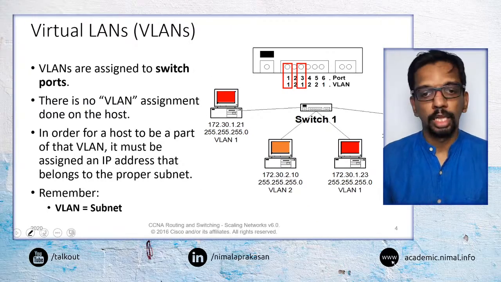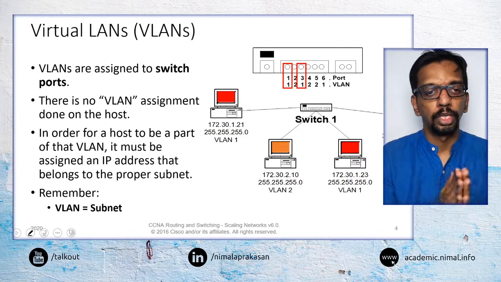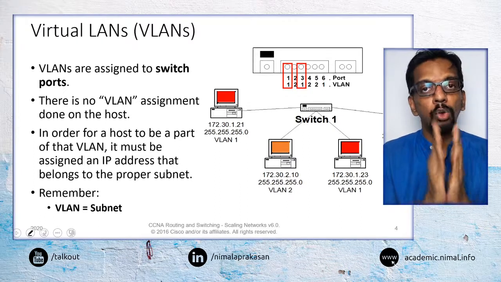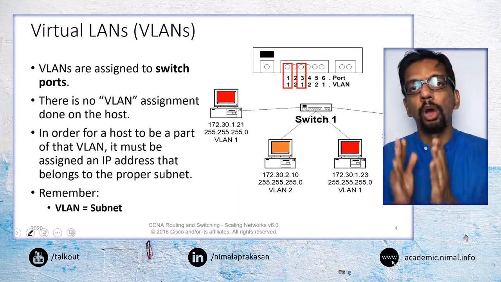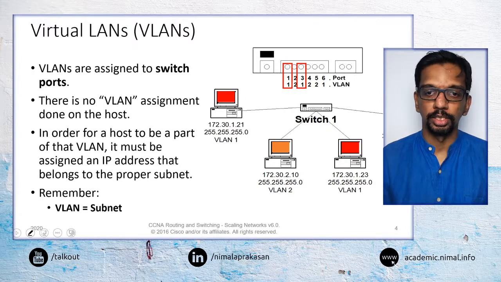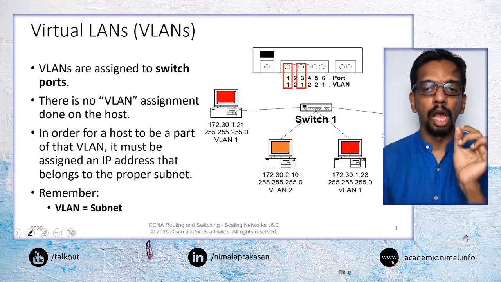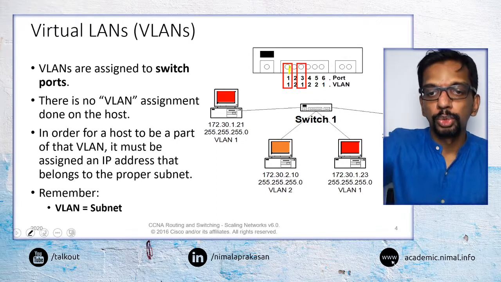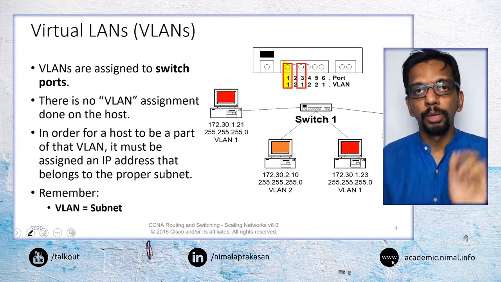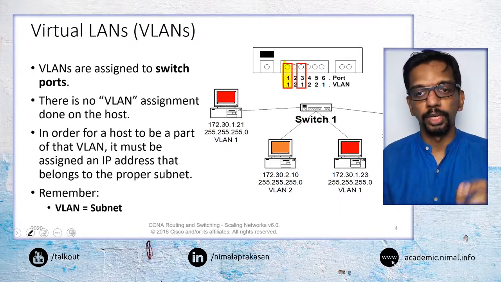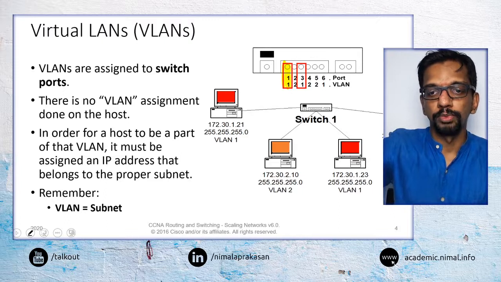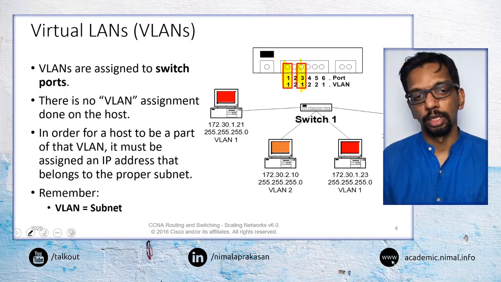The other thing we can think about when we are thinking about VLANs is how VLANs are assigned to devices. The main thing to remember is that VLANs are only assigned to the switch ports. On the switch itself, the port will be assigned to a particular VLAN. So here port 1 is VLAN 1, port 3 is also VLAN 1.